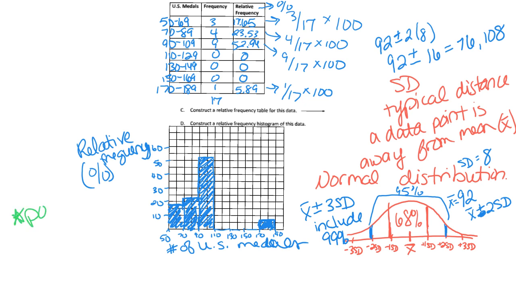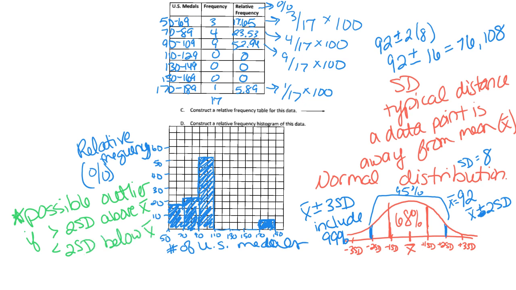Something is considered an outlier if it is greater than 2 standard deviations above the mean or less than 2 standard deviations below the mean. So values that fall out here and way up high here, we would question some of those when we are doing our experiments. Maybe something went wrong in our experiment, but they are technically considered an outlier.